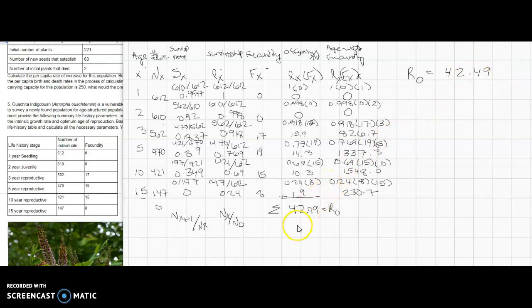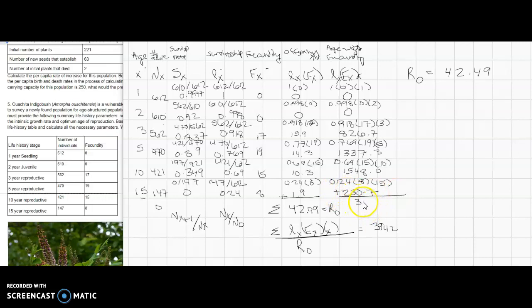Alright, for G, that is going to be the sum of the Lx Fx times x divided by R naught. Right, we're going to add this column up.